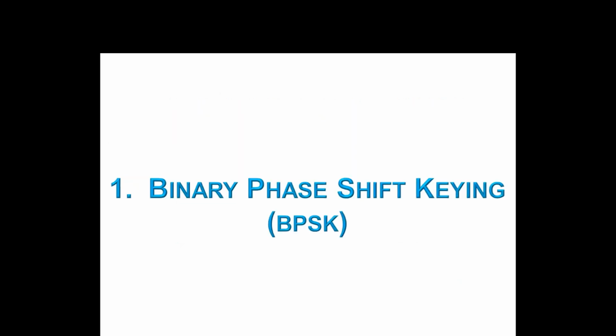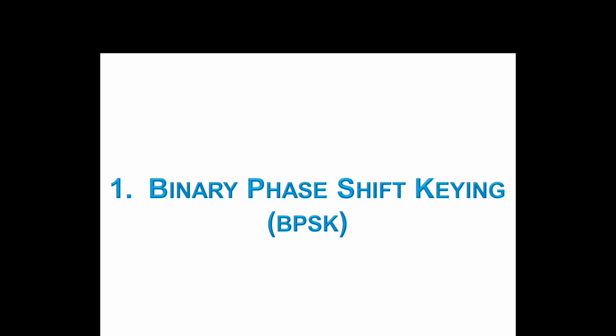Next we will see the binary phase shift keying method, BPSK. This is a type of PSK, that is, the phase shift keying method. The phase of the carrier varies with respect to a digital input.